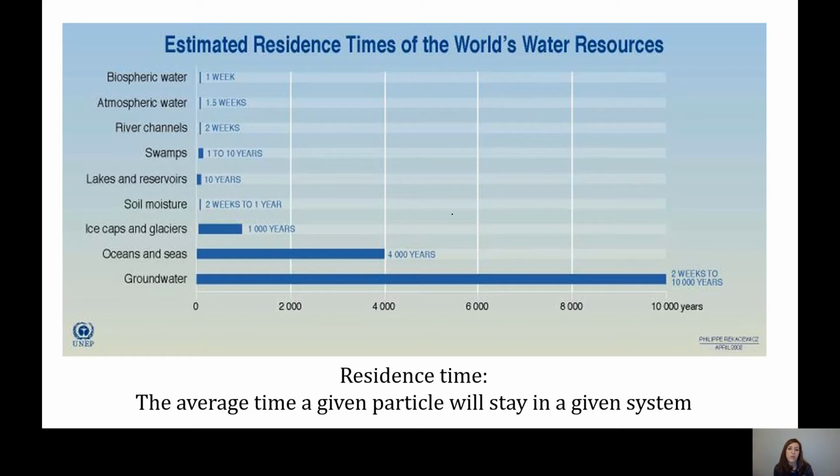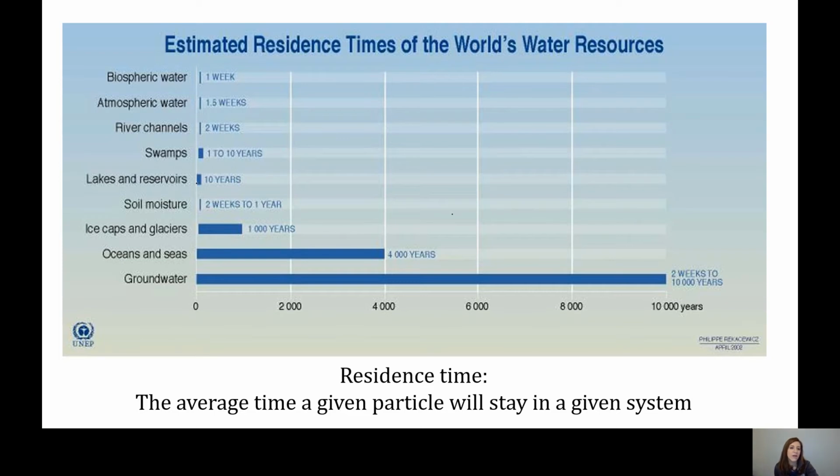So we can see this bar graph. It's on its side, but it's still a bar graph, where what it's showing us is how long, on average, a water molecule will stay in a given portion of the water cycle. So, for example, if we're tracking one molecule in the oceans and the seas, it would take, on average, about 4,000 years for that water molecule to be evaporated and to leave the ocean.